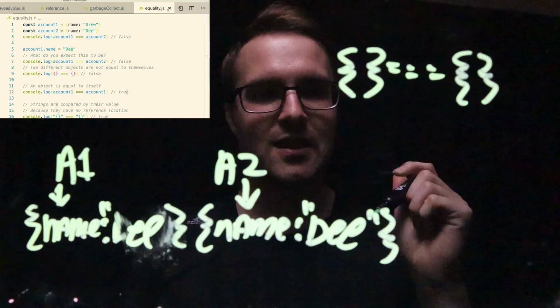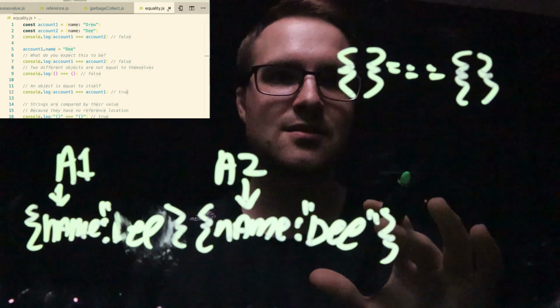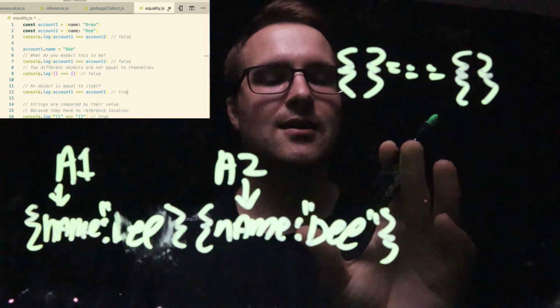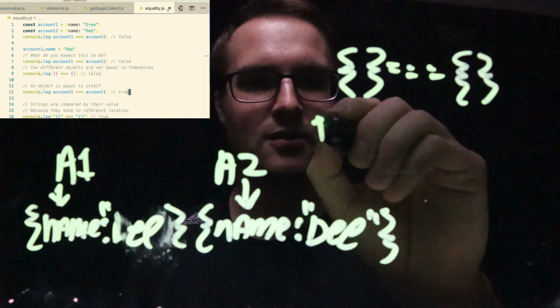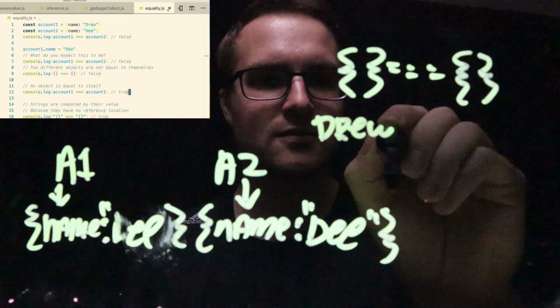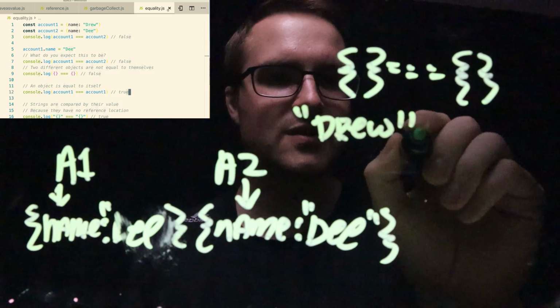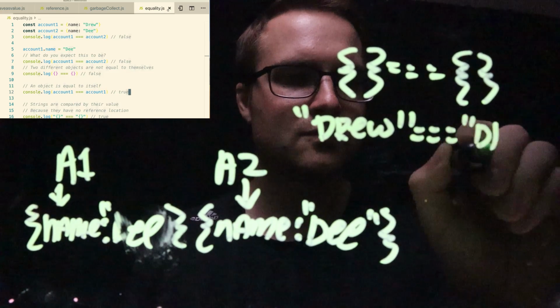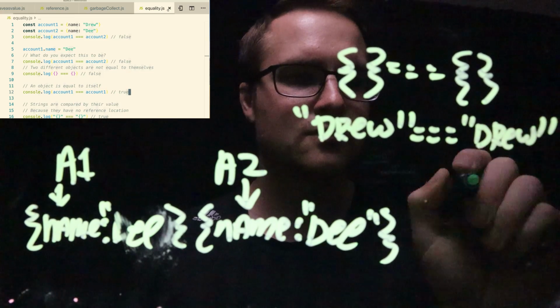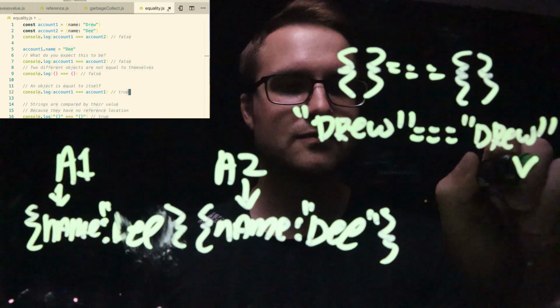And let's remember that with strings, with primitives, this is not the case, right? So before, when we were looking at Drew as a string, and we said, is that the same as Drew? That's true.